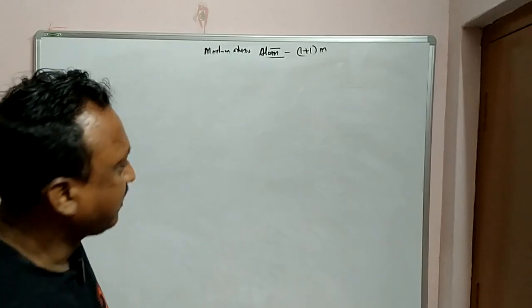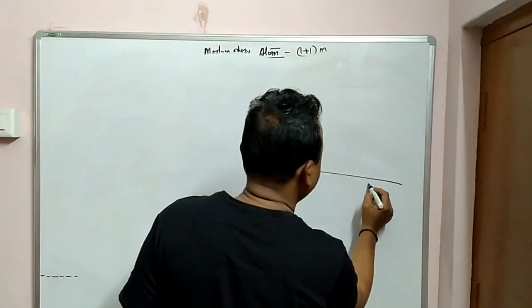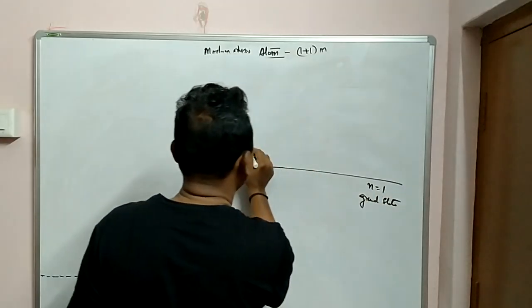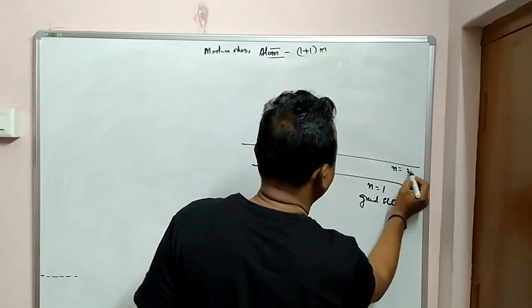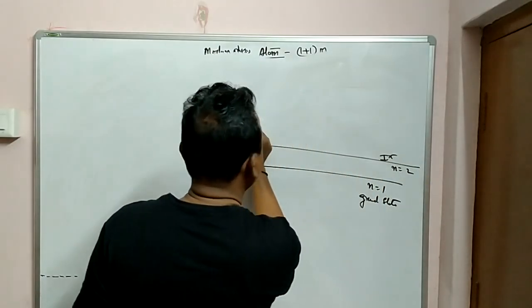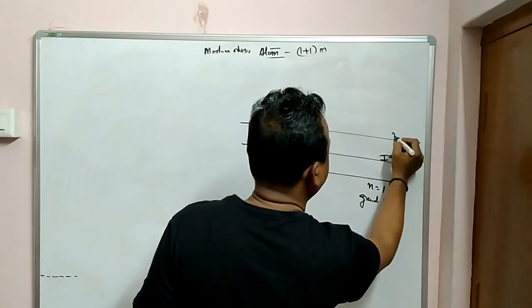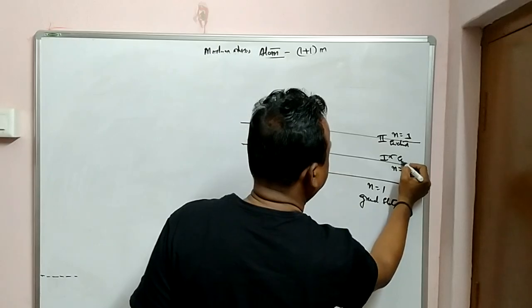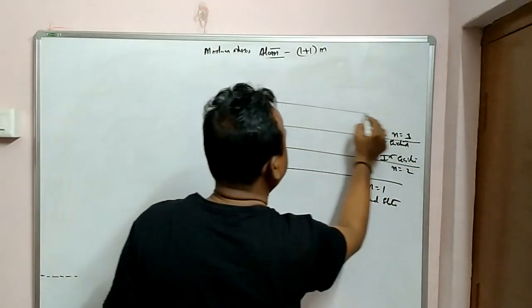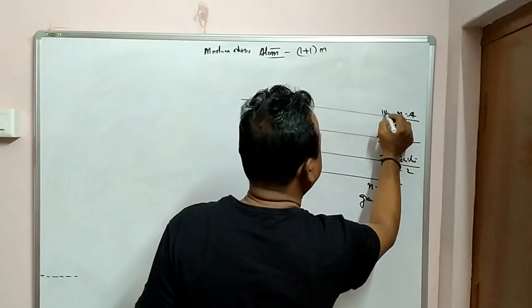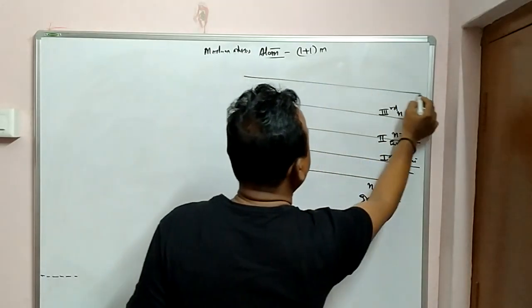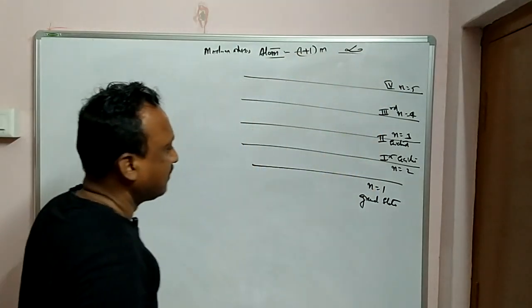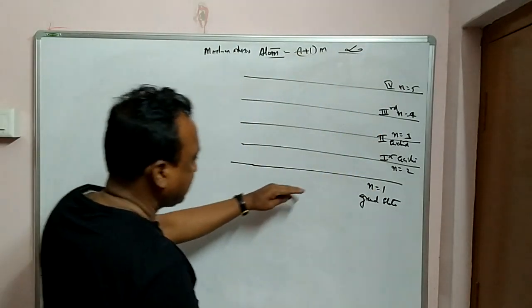For example, this is the ground state, n is equal to 1. n is equal to 2 is the first excited state. n is equal to 3 is the second excited state. n is equal to 4 is the third excited state. n is equal to 5 is the fourth excited state. And finally this is infinity. So first of all you have to know this is the ground state.